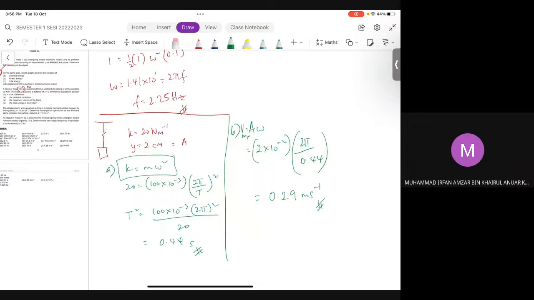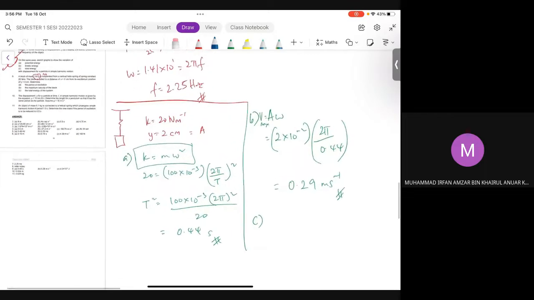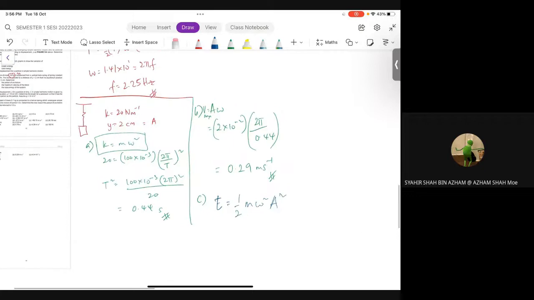Okay, question number C, they ask you to find total energy. Apa simbol total energy? E, bagus. E ada formula dia, E sama dengan half m omega squared A squared. Itu adalah formula total energy. Awak ada 3 energy awak kena tahu: U, K, E. K adalah half m omega squared (A squared minus y squared).